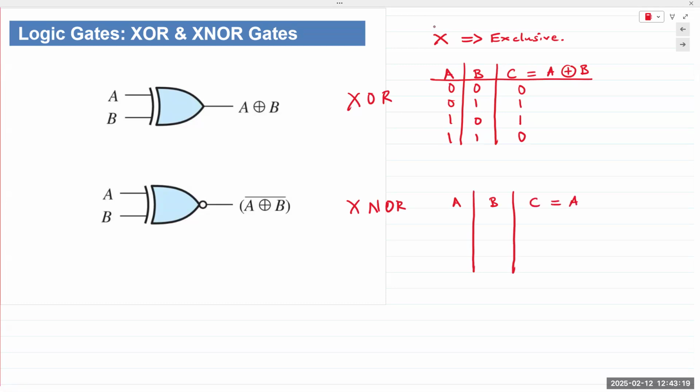So C, exclusive NOR. You have 0, 0, output goes high. If you have 0, 1, or 1, 0, output goes low. Okay.